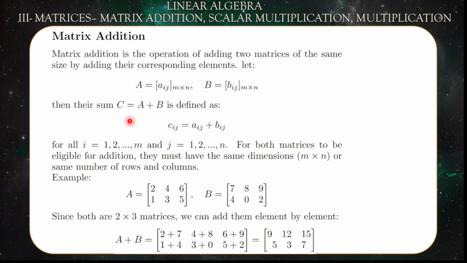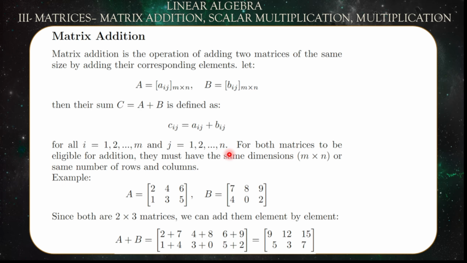Then their sum, C equal to A plus B, is defined by c_ij equals a_ij plus b_ij, meaning you add different elements, each one at a specific position with the one from the other matrix at the same position, for all i equal 1, 2, all the way to m, which is the number of rows, and j equal 1, 2 all the way to n, which is the number of columns.